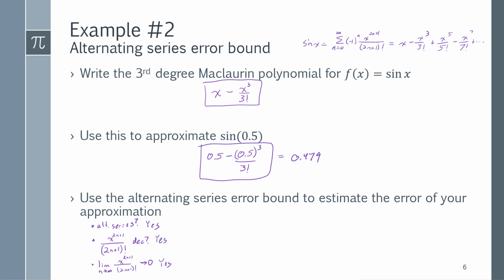So I'm allowed to do the alternating series error bound, which means that the absolute value of my error is going to be less than or equal to the absolute value of the next term I would use. Well, I used the first two terms, so the rest is my error. But because it's alternating and the terms are decreasing and approaching 0, the maximum error is the first term of the error, so x to the 5th over 5 factorial.